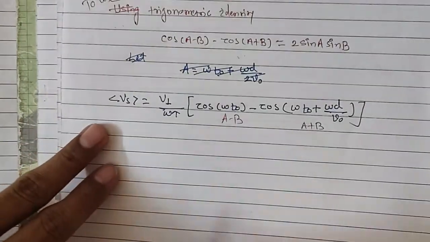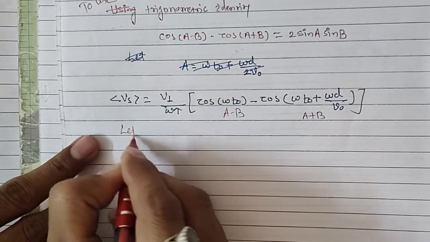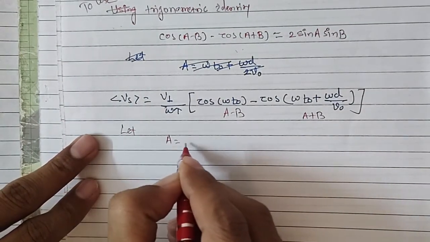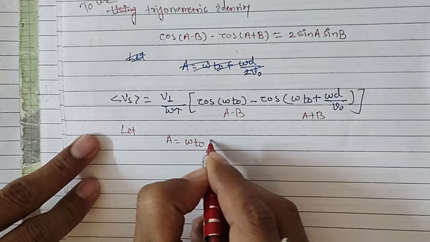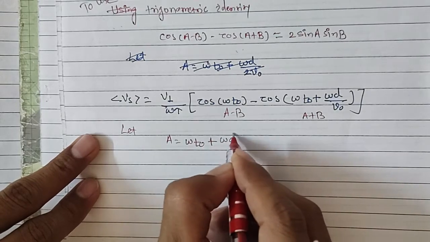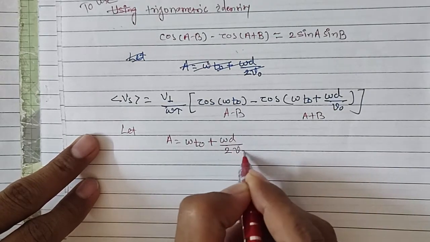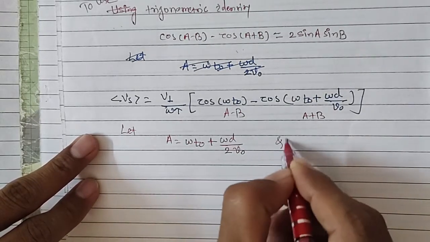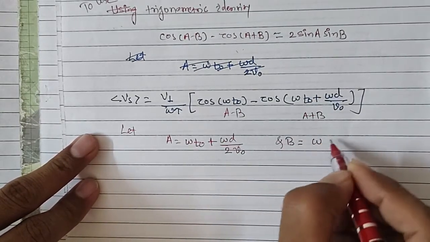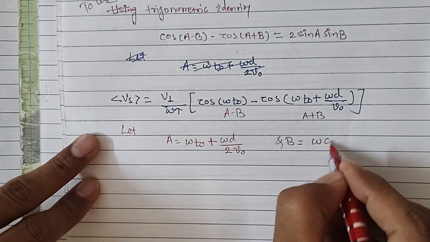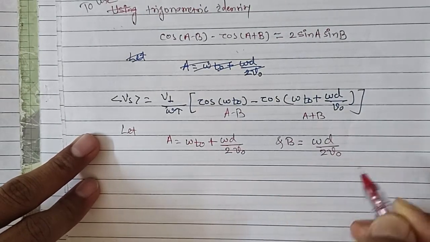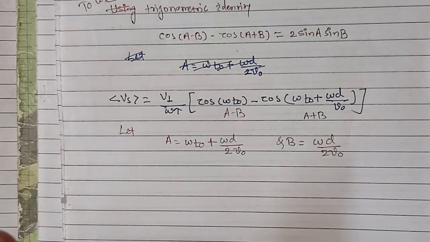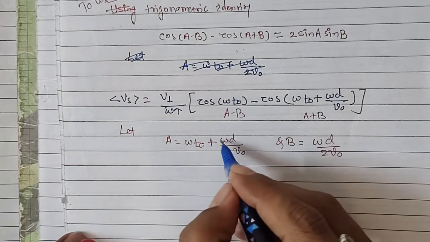Let a be omega t0 plus omega d by 2v0, and b would be omega d by 2v0. Rather, this omega d by v0 is theta g.